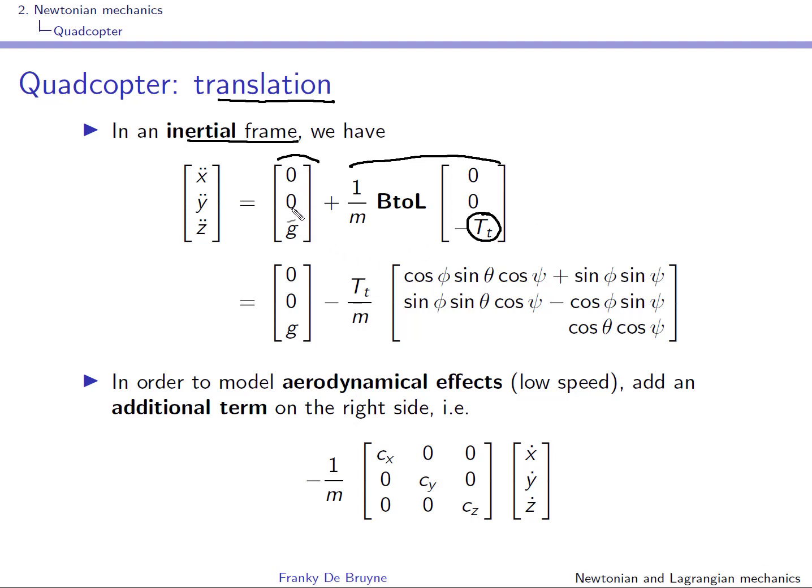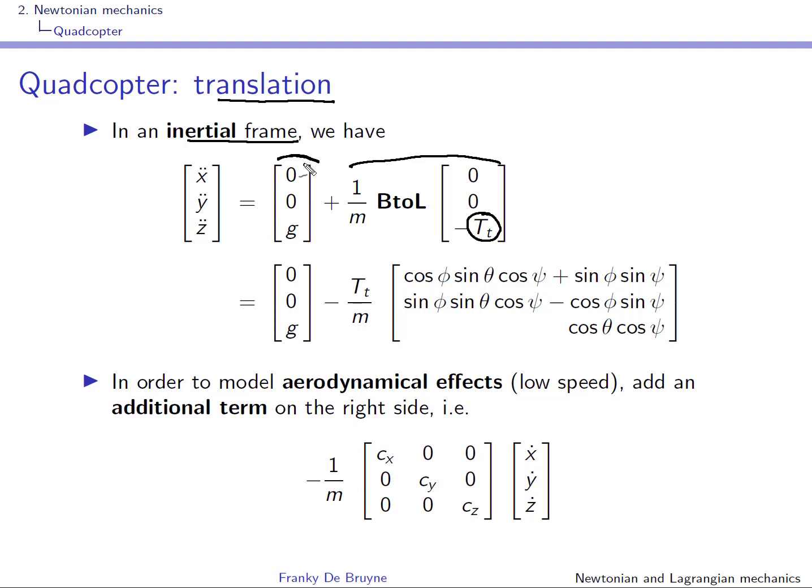Well, gravity is acting in the inertial frame. Don't forget that we have an inertial frame with the z pointing downwards. So gravity will not give any contribution in the x and y direction, but in the z direction, right? So this is why we have this term over here.